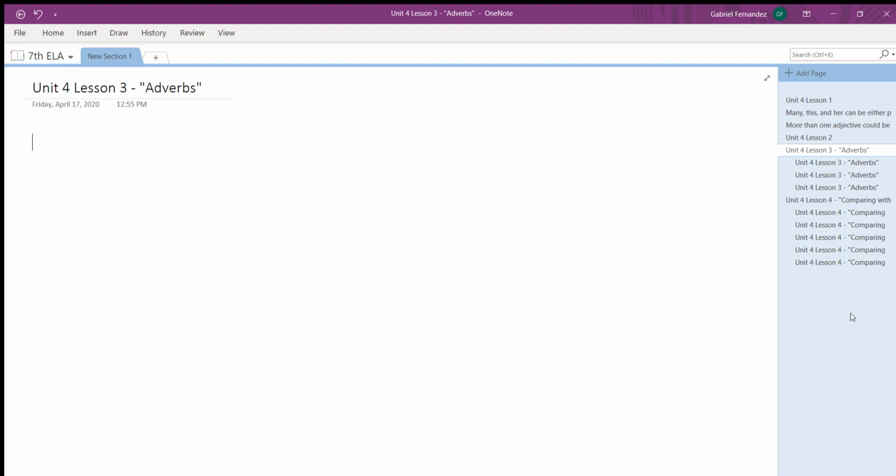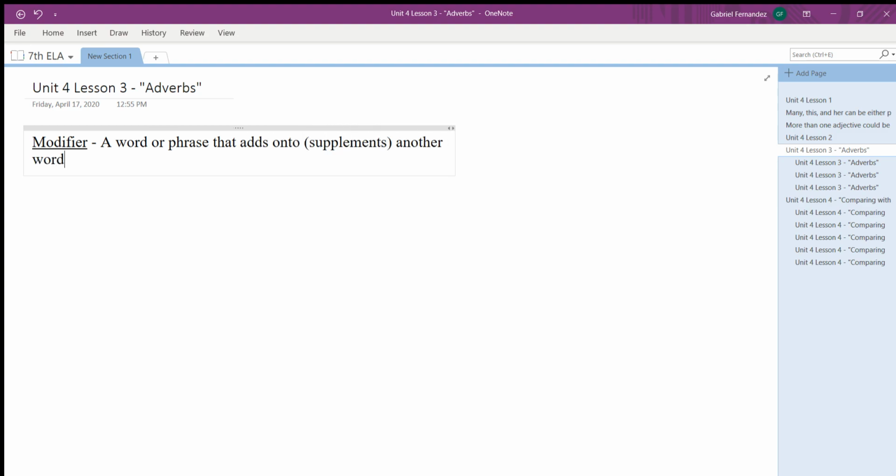So last time we talked about adjectives, we said that adjectives are a form of modifier. Okay, so let's go ahead and do a little recap definition. A modifier is a word or phrase that adds onto, supplements another word or phrase in a sentence by providing more information to it.